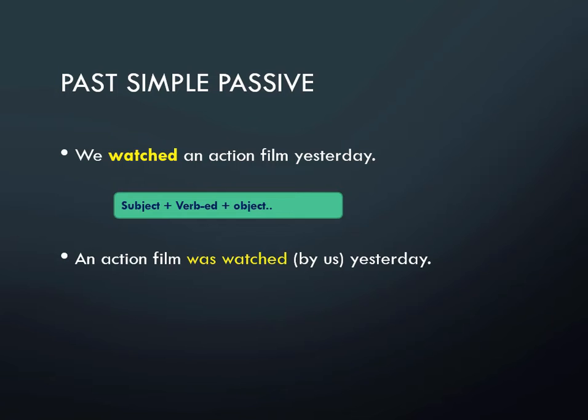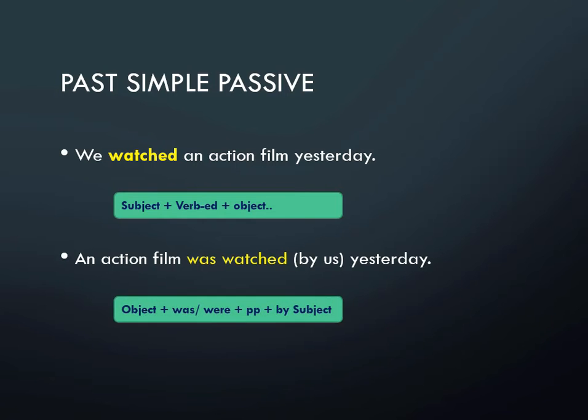If you would like to mention the doer here, you can write it after the preposition by at the end of the sentence. Then you write the time expression yesterday. If you look carefully at this sentence, you will find that we can follow this rule.